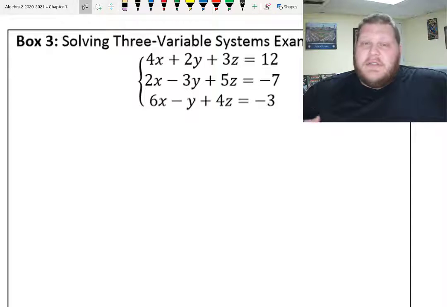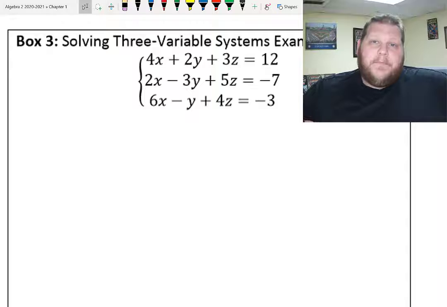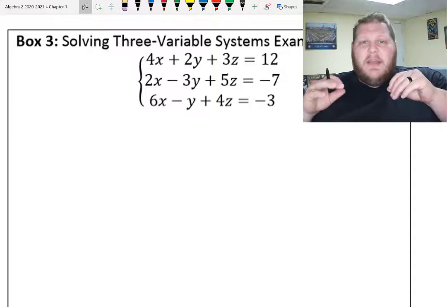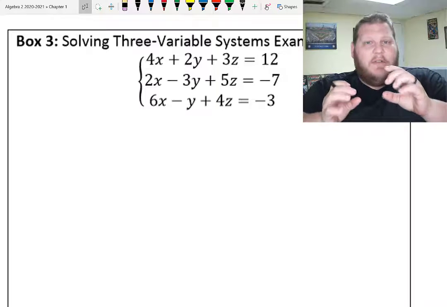But the good news is we're still going to be using those same methods that we did on the first 2 problems. We're still going to be either using elimination or substitution. And just like in those first 2 methods, our goal is to take 2 variables and condense it down to just a single equation with a single variable.